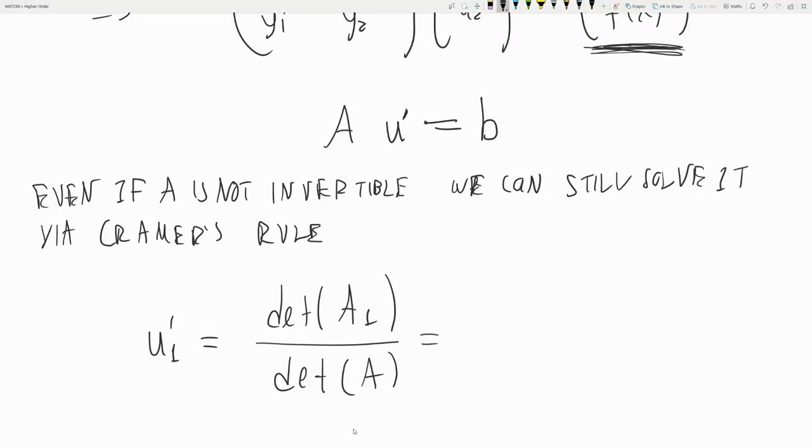If you do that, you get minus y2 f of x over the determinant of A, and this is just the Wronskian.